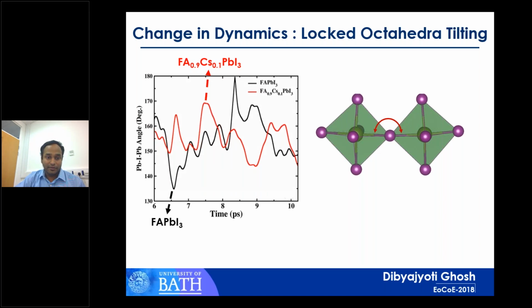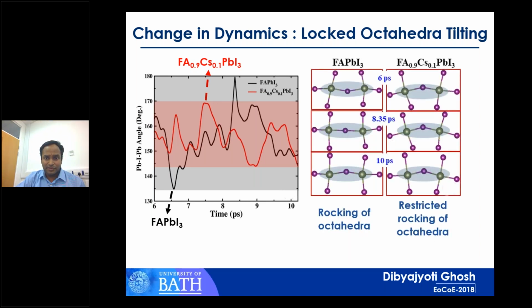In formamidinium lead iodide, as you can see, the fluctuation in the Pb-I-Pb bond angle is pretty large, so it fluctuates over time. However, with cesium incorporation, the width of the fluctuation reduces, and you have a stiffer lead iodide lattice cage due to this cation mixing.